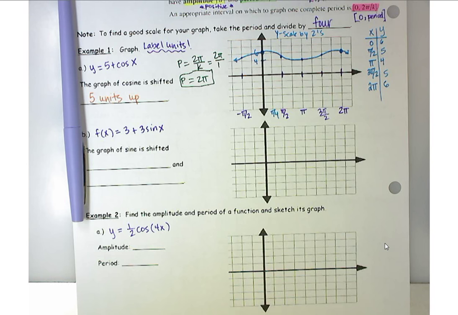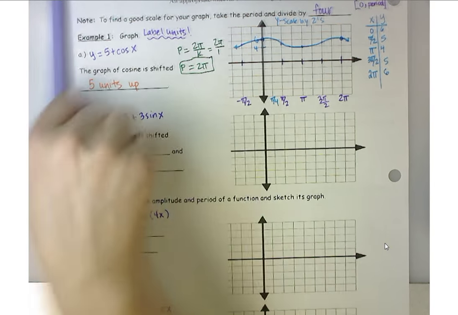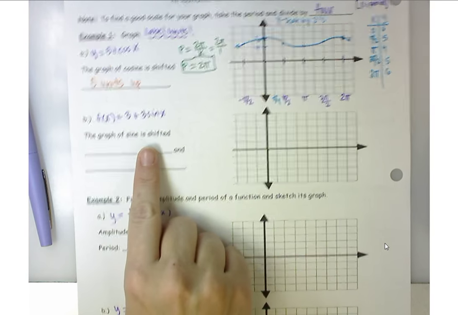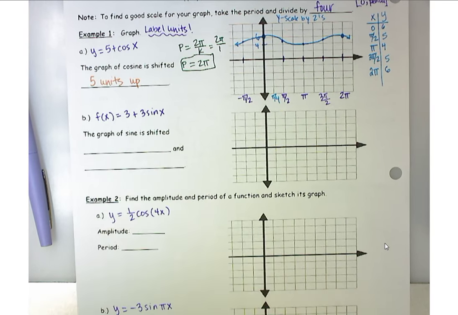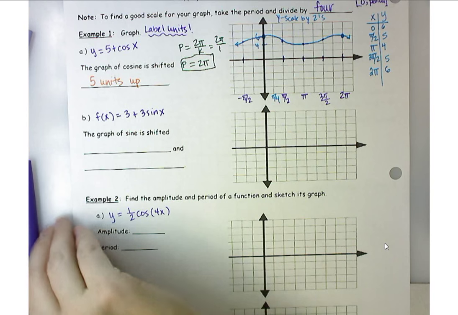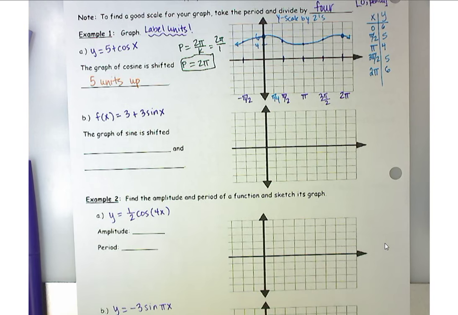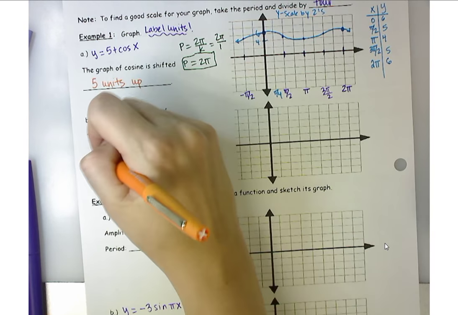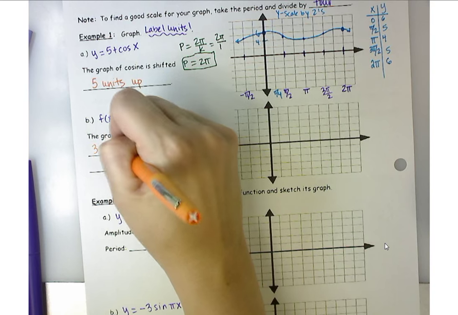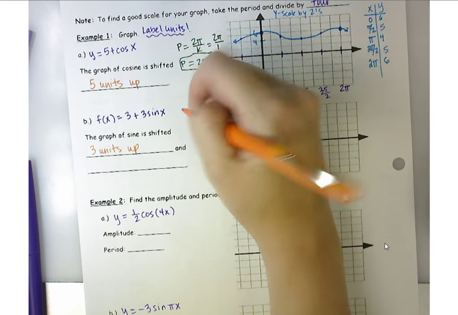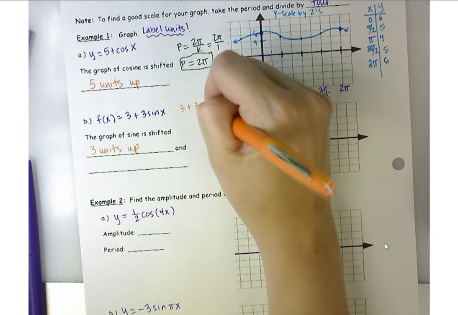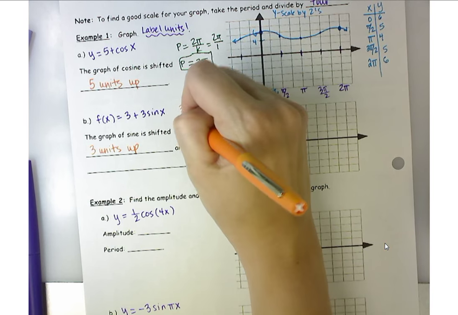Okay, and then we're going to go to part B. So for part B, the graph of sine is shifted blank. Okay, so Blake, where is this shifted? 3 units up. Yes, okay, so it's 3 units up. And that comes from this 3.